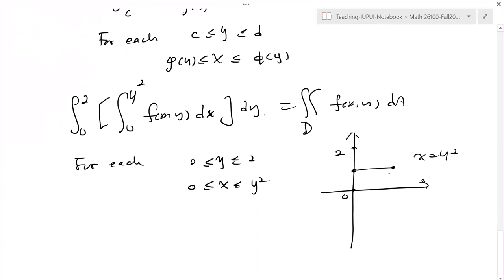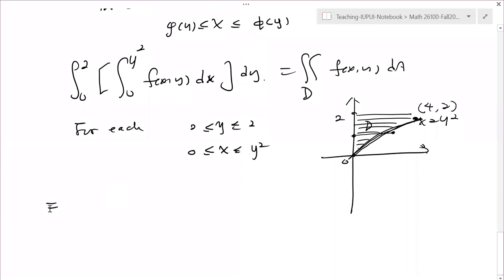When y changes, x changes, so this is going to be part of the parabola. When y is 2, x is 4, that will be the end point. So you get a bunch of horizontal line segments that fill up this domain. That is the domain D.